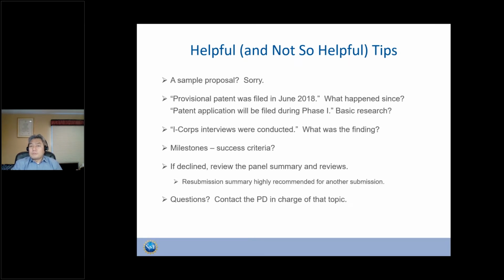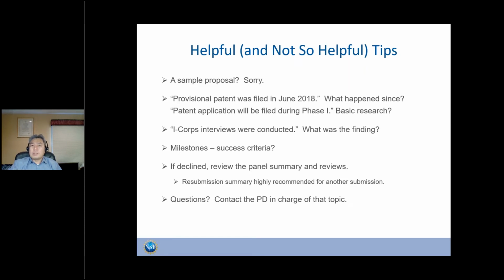But on the other hand, if you're a software company under IT, it may be a little different. So depending on what the technology might be, I think sometimes it's better to have your questions addressed specifically by the program director in charge of that topic.